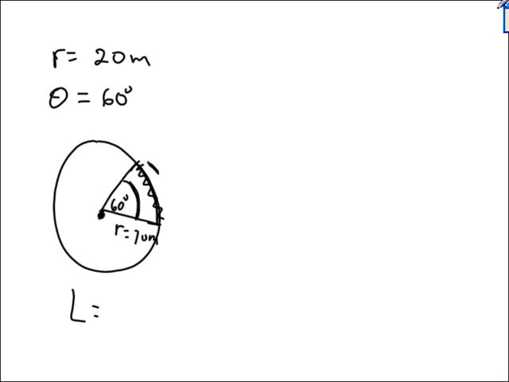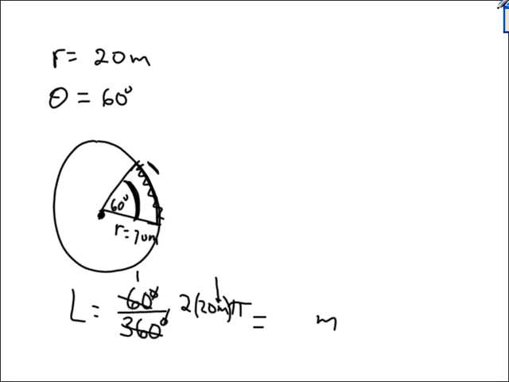Alright, so here is our situation, and we want to find the arc length. The arc length is theta, 60 degrees, divided by the whole circle, 360, times the circumference, which is 2 pi R. The units are meters because the degrees cancel out. 60 goes into 60 one time, 60 goes into 360 six times, and 20 goes into both of these numbers, one from the top, one from the bottom, 2 and 3 times.